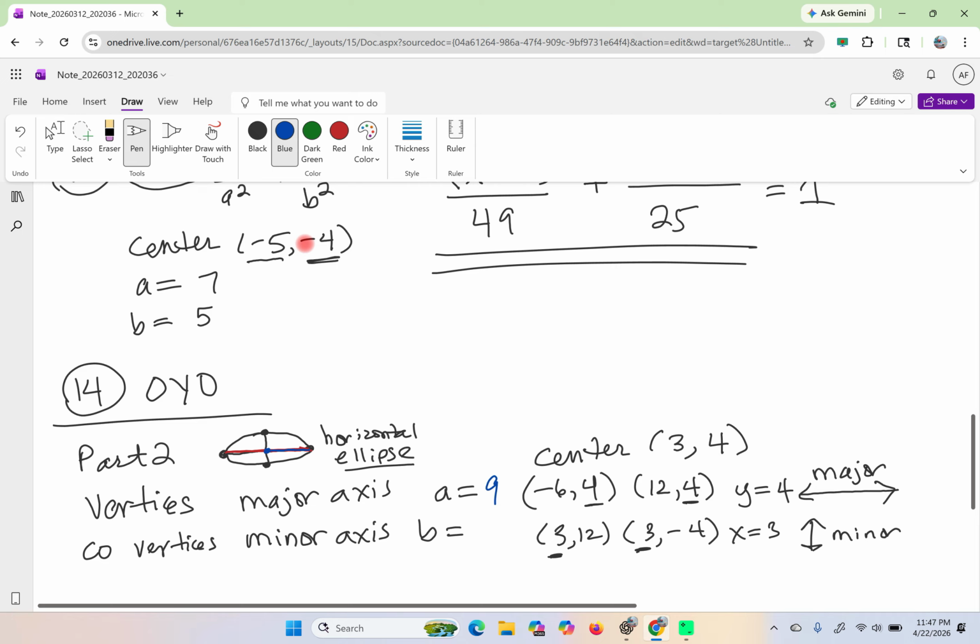And then the minor axis, so that full distance, we have 12 and 4 is 16.